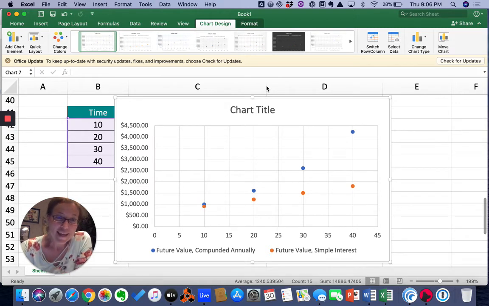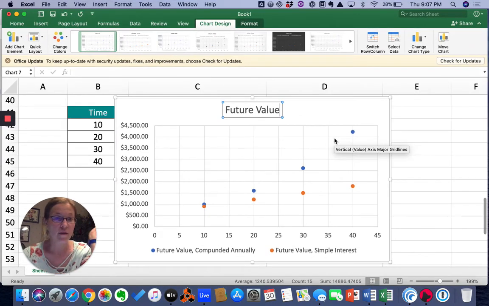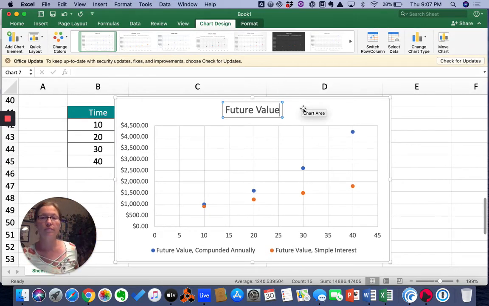Now, when you are making a graph, it's really important to label everything. This we'll call future value. So it's just telling after so many years, how much is this account worth?